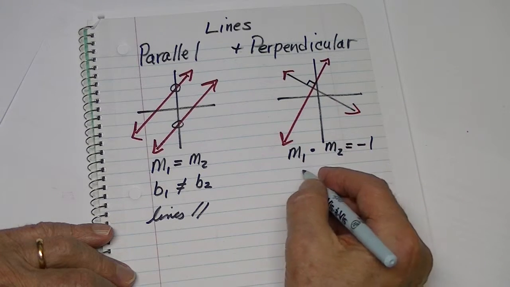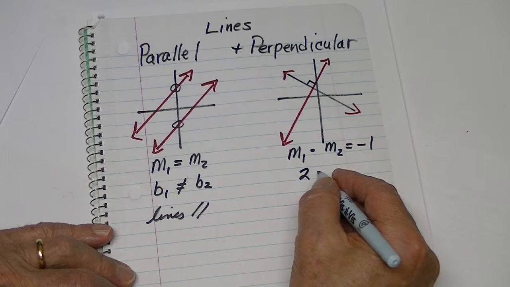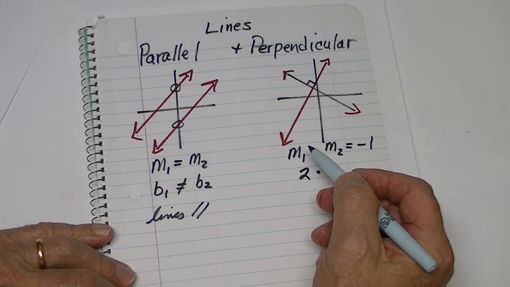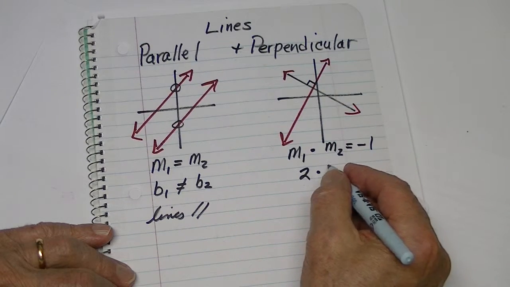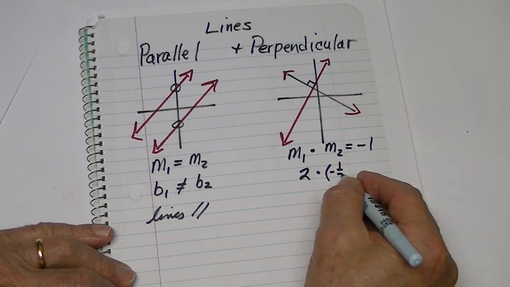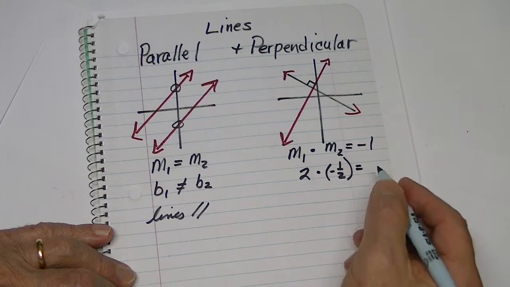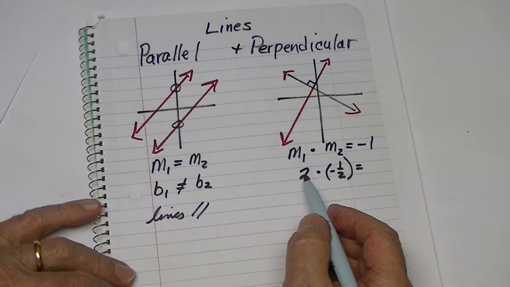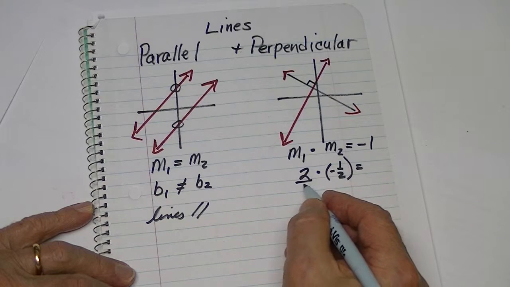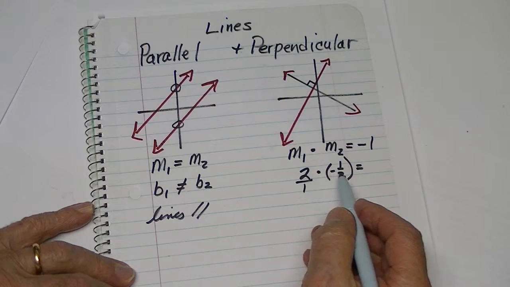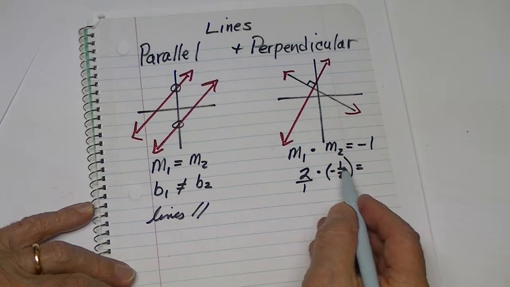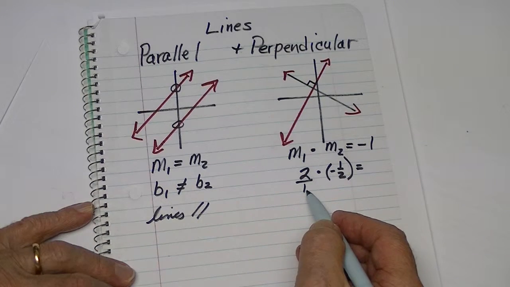An example would be this line: the slope of this line is actually 2, the red one, and the black one happens to be -1/2. If we multiply 2, and remember that's sort of 2 over 1, what is the relationship of 1/2 to 2 over 1?